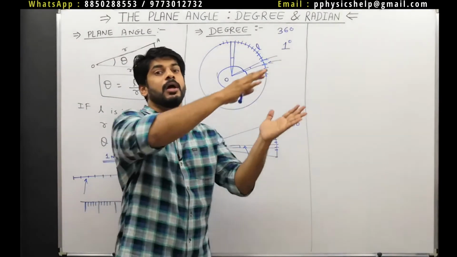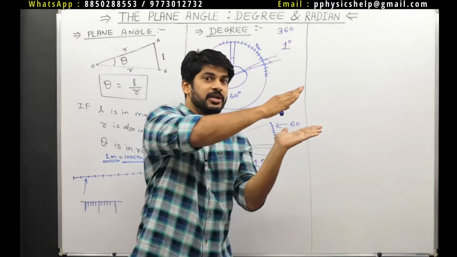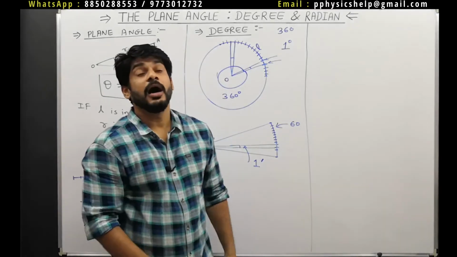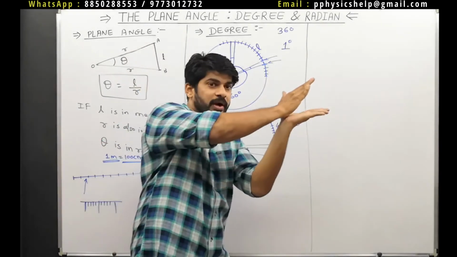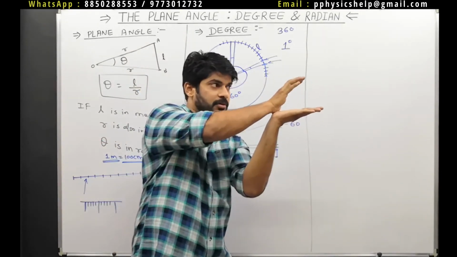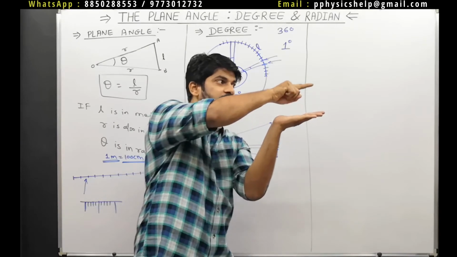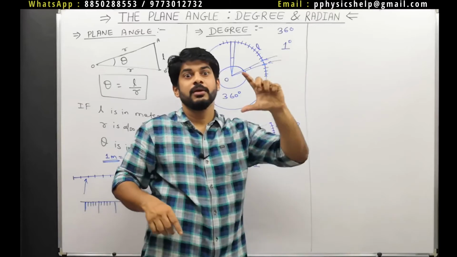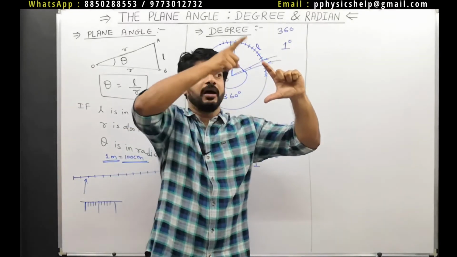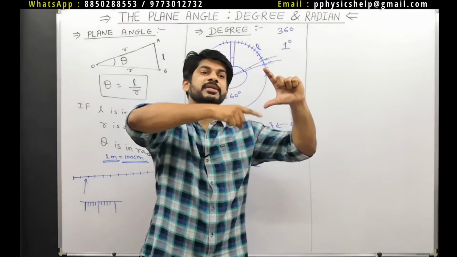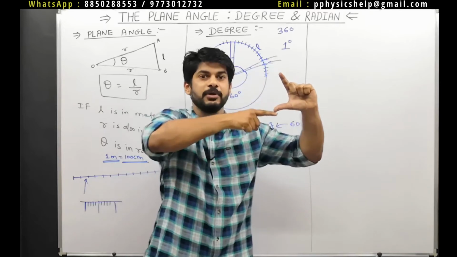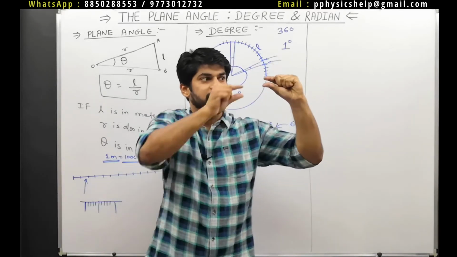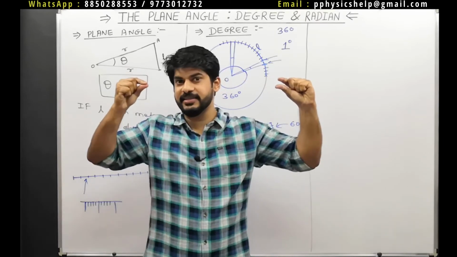So it's very simple. When the arc associated with a 1 degree angle is divided into 60 equal parts, then each small arc subtends a certain angle at the center.